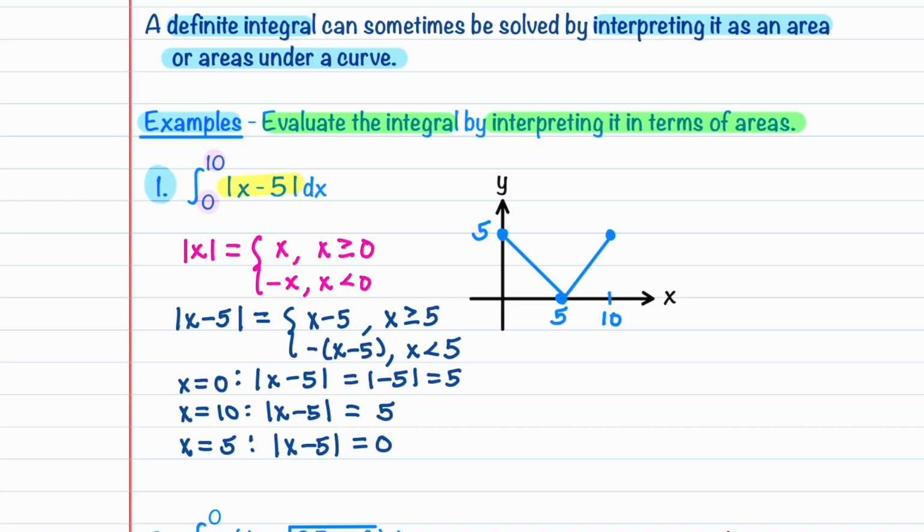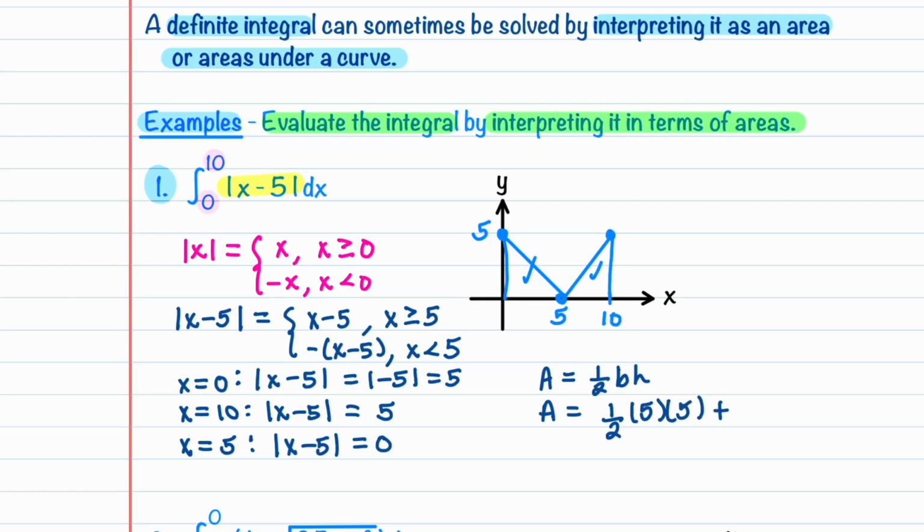Now we can interpret our integral as the area under these two triangles, this triangle and that triangle. So our area is 1/2 the base times the height for each triangle. We have two of them. So our area is 1/2 our first base, which is 5, times our height, which is 5.